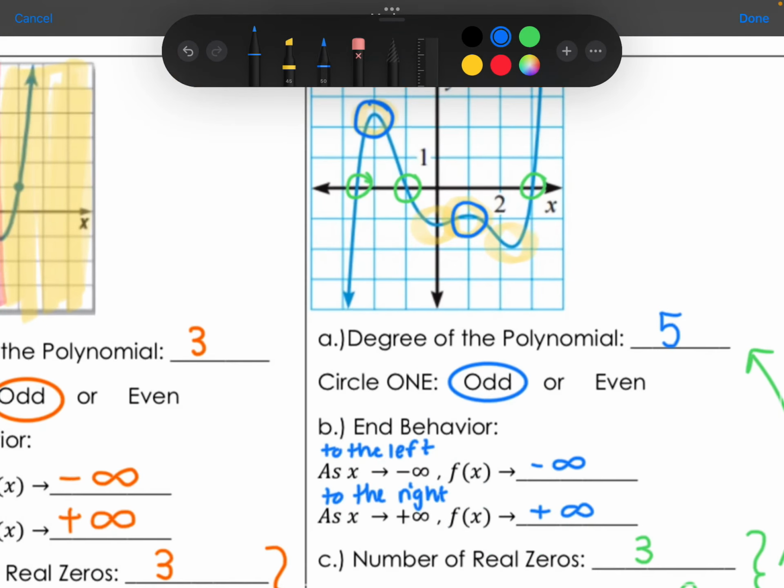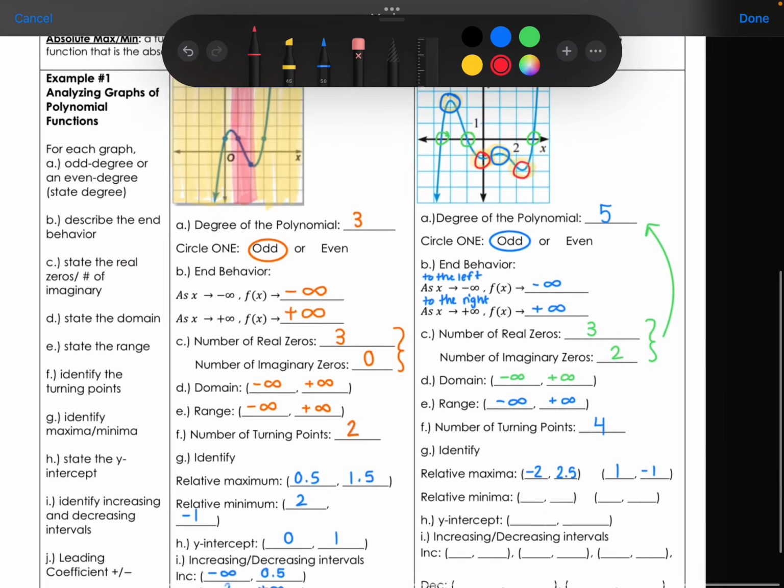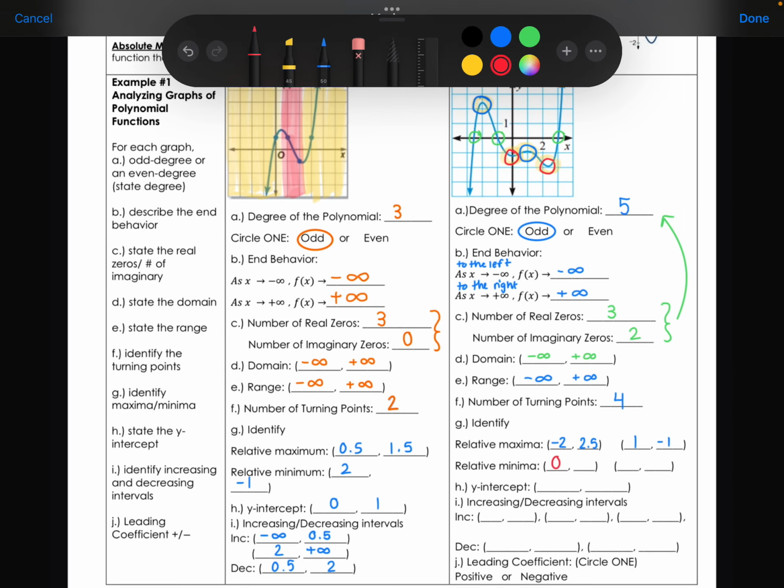And then we have the minimums at 0, comma -1. And then we have one at 2.5, comma -2. The y-intercept is 0, comma -1.